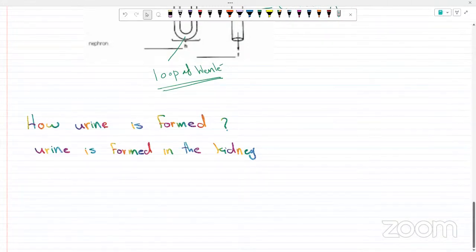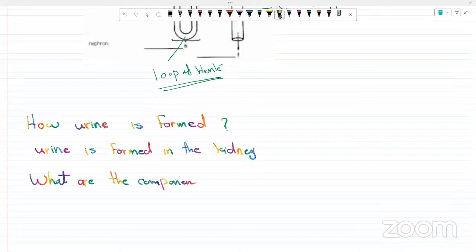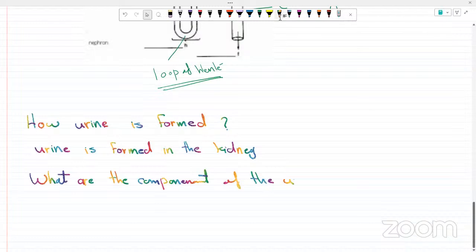Fine. Before asking how the urine is formed, let me ask one question. What are the components of the urine?